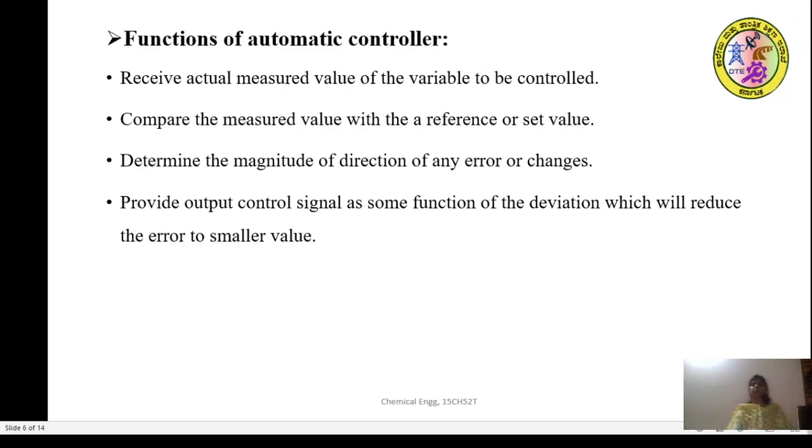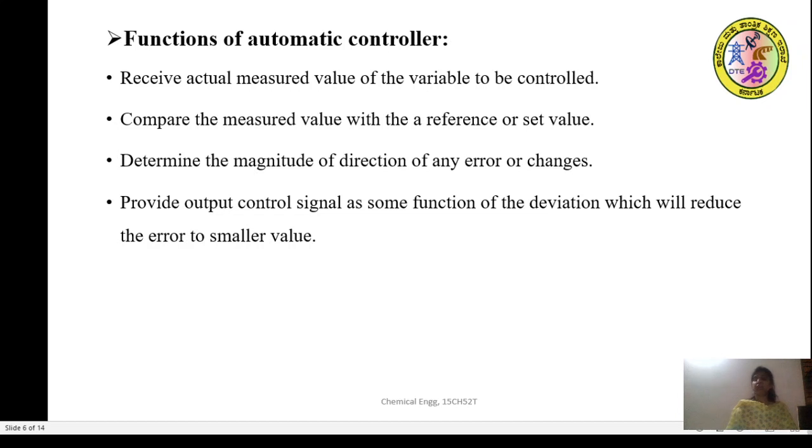So what are the functions of an automatic controller? It receives the actual measured value of the variable to be controlled in any particular control system, and it compares the measured value with the reference or set value. It determines the magnitude or direction of any error, in which way the error has to be corrected, or what is the cause for the error to occur.